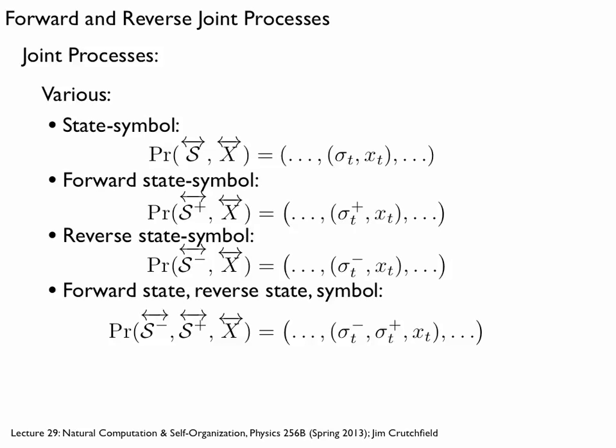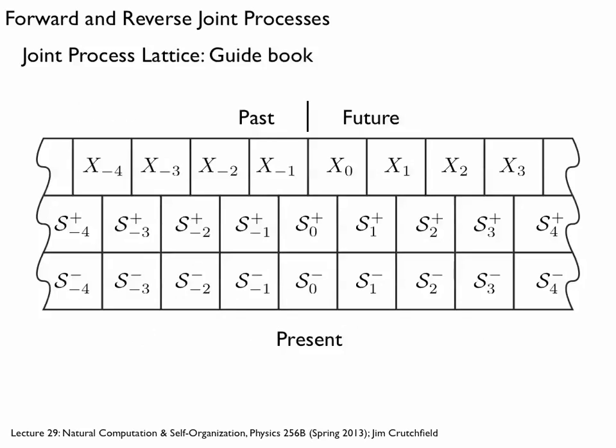So really what we're talking about is this joint forward state, reverse state, symbol process, where the events are current forward state, current reverse state, and symbol observed. So how are we going to think about that? Here's a kind of roadmap.